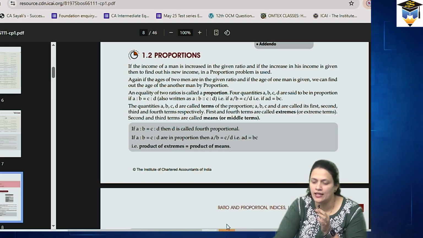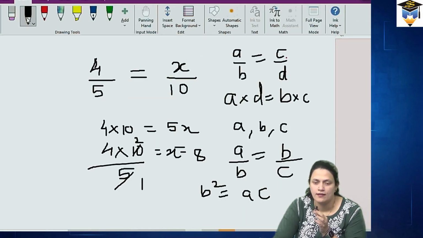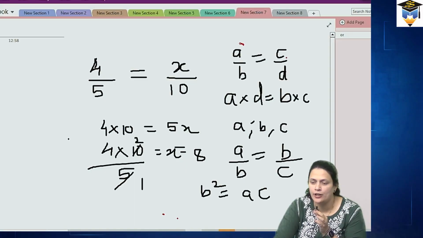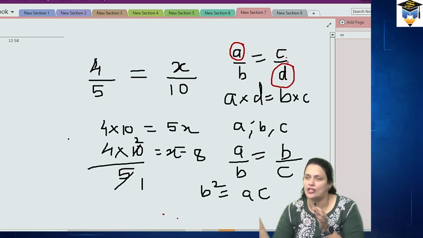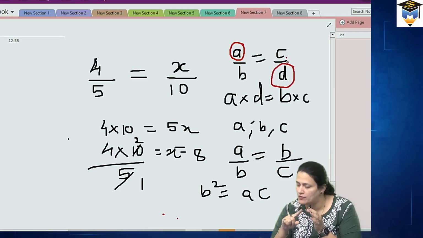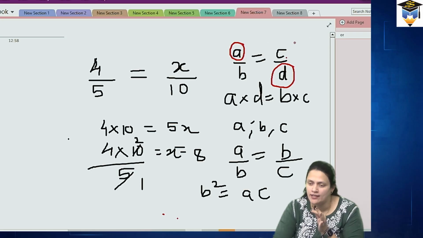See, now if you can see A and D, these are quantities which are in extreme. So product of extremes is equal to product of means. These numbers are called mean numbers.